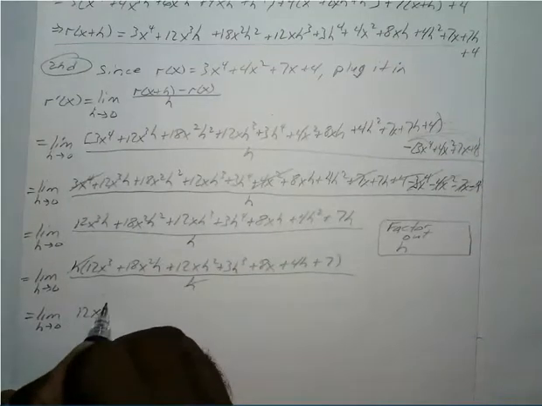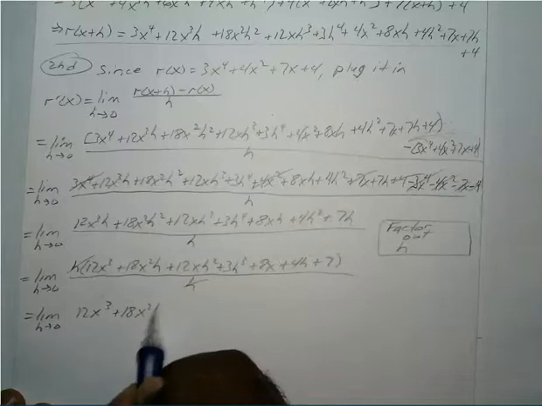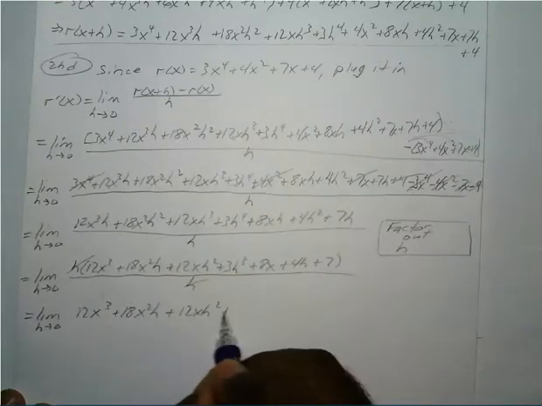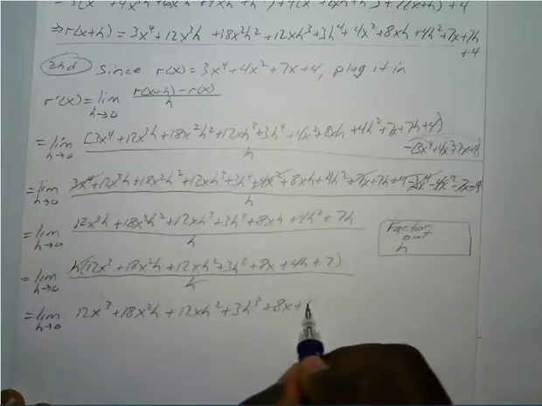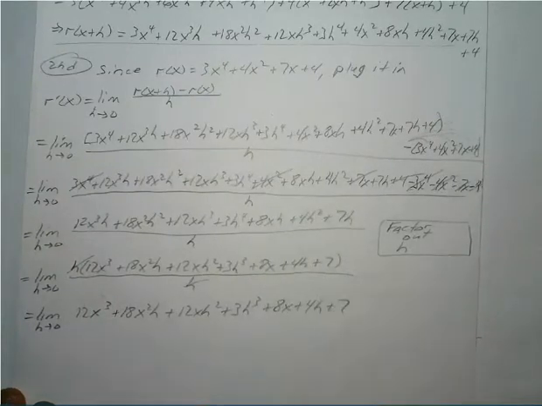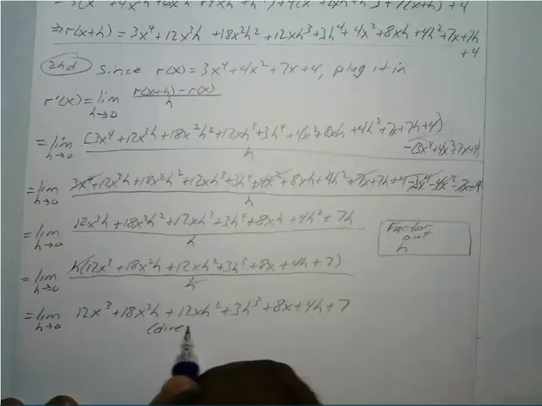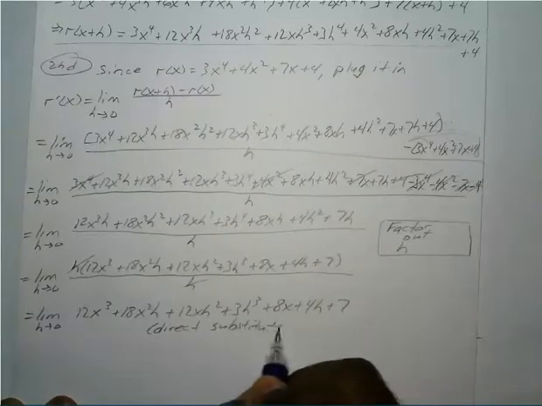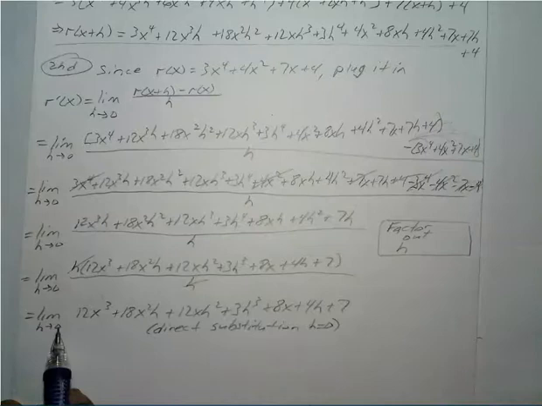Okay, 12x to the 3rd plus 18x squared h plus 12x h squared plus 3h to the 3rd plus 8x plus 4h plus 7. And then you just use direct substitution of h equals 0. Just go ahead and plug in h equals 0.